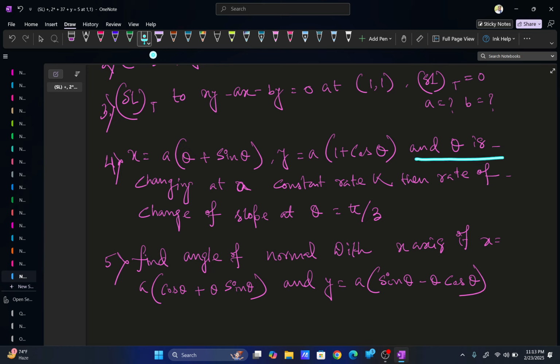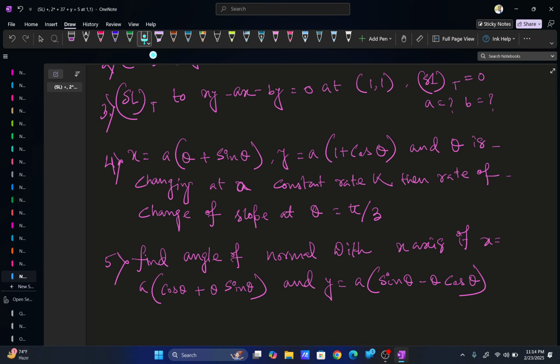This is a very important line. Then we need the rate of change of slope at theta equals pi by 3.